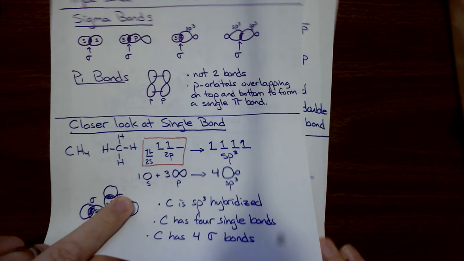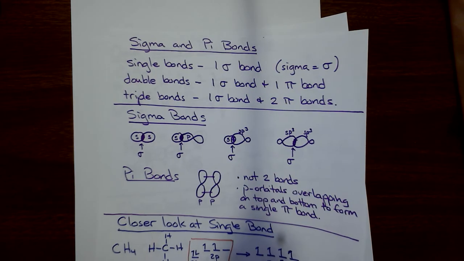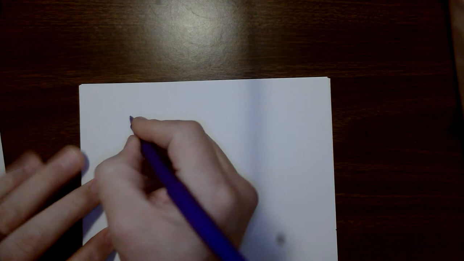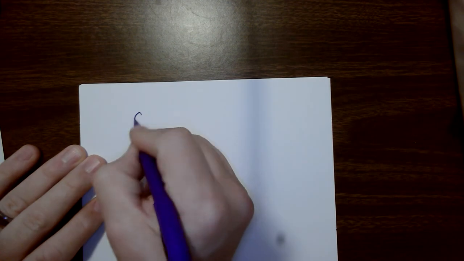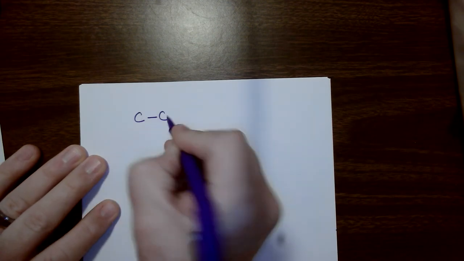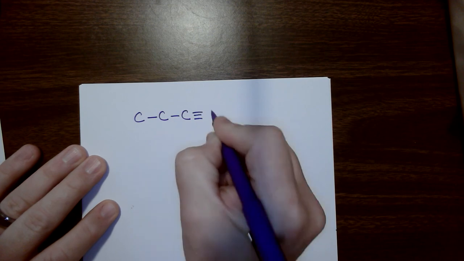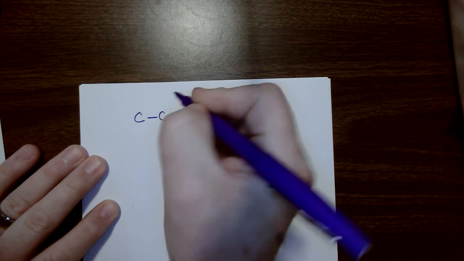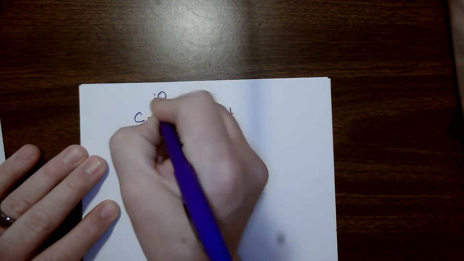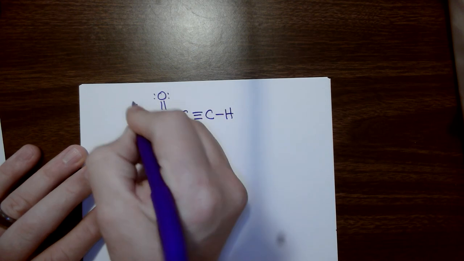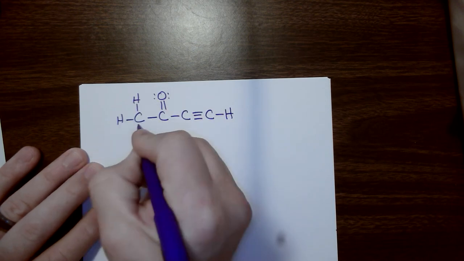And we're going to look at one more thing. Let's take a molecule and check out the hybridizations and figure out how many pi and sigma bonds there are in a single molecule. So in this case, let's draw carbon bonded to a carbon, bonded to a carbon, triple bonded to another carbon, which has got a single bond here. This will have a double bond to an oxygen, and then this one will have hydrogen, hydrogen, hydrogen.